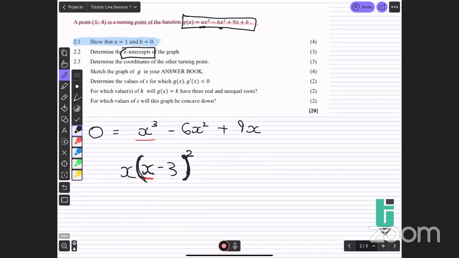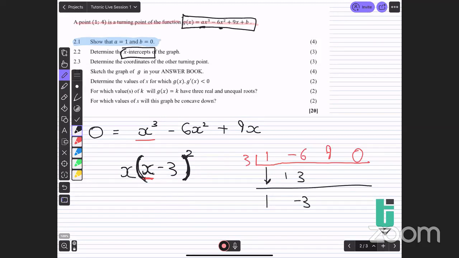Okay. So let's use synthetic division. Nafisa, we're going to try synthetic. We've made concept videos on this, if you want to revise. So 3 is a factor. It's 1, minus 6, 9, 0. So you bring it down, so it becomes 1. 3 times 1 is 3, which is minus 3.